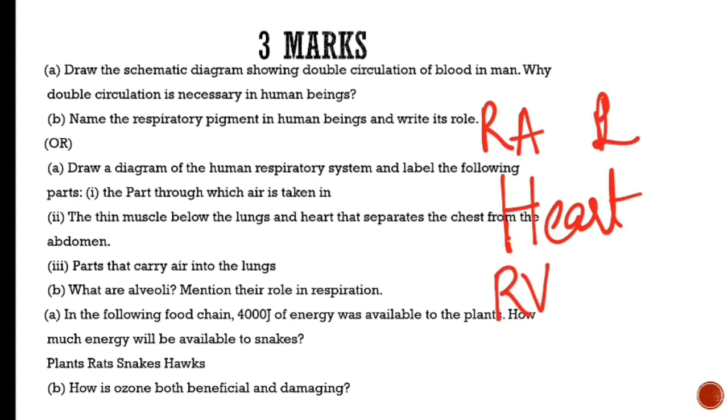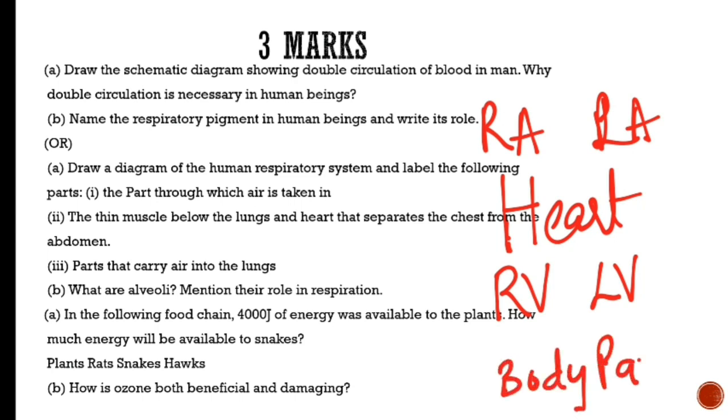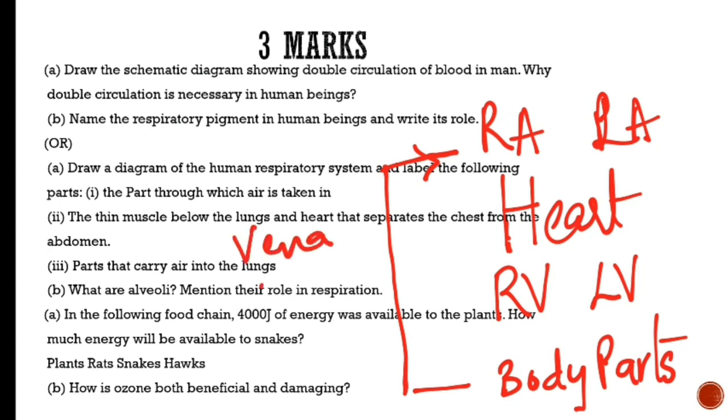This is left auricle and left ventricle. Now from the different parts of the body, I'm writing here body parts. So from different parts of the body, the blood enters into the right atrium through the superior and the inferior vena cava.